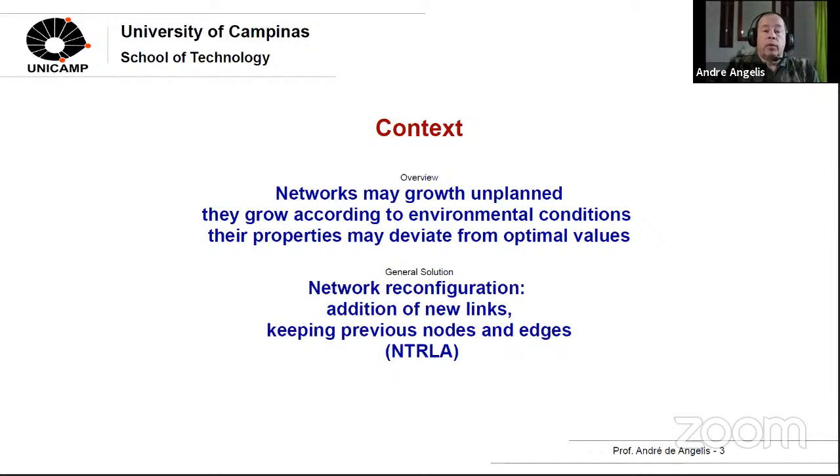Properties like node degree, diameter, average shortest path, resilience, and efficiency. If you have an objective, maybe the values are not so good for this objective. The general solution for this problem is network reconfiguration with the addition of new links, new edges, but keeping in place the previous ones, the nodes and the edges that already existed.